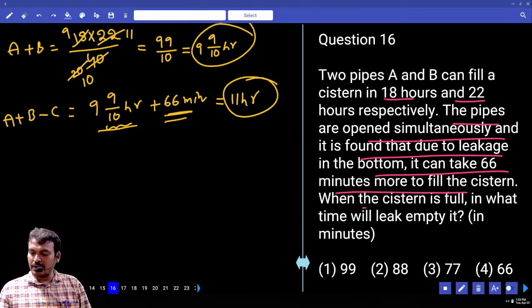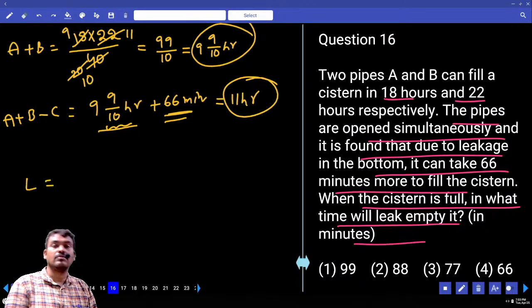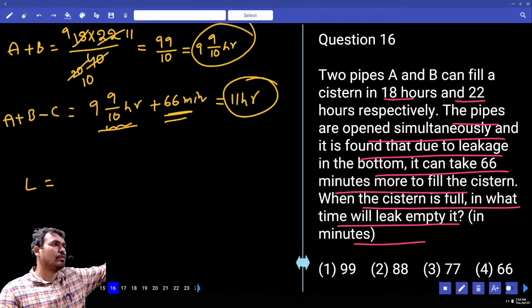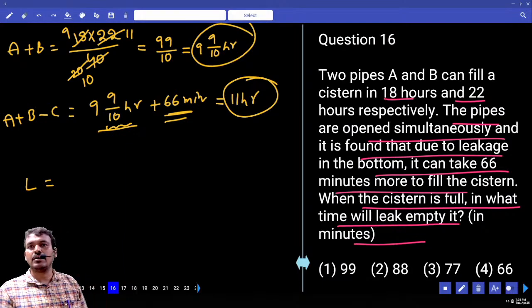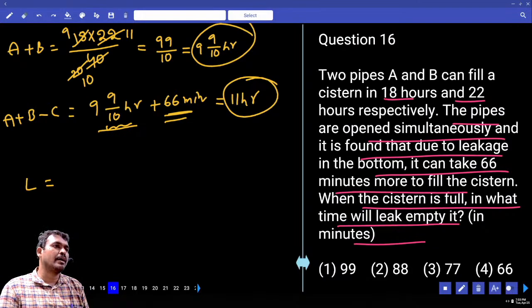What is the question here? When the cistern is full, in what time can the leakage empty it? We require only the leakage. We know the 3 pipes together time and we know the 2 pipes together time. Subtracting, we get only the leakage. Subtracting means product by difference or product by sum? Product by difference.